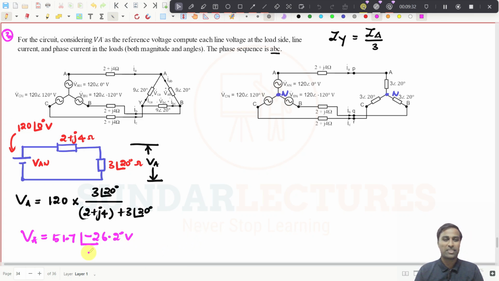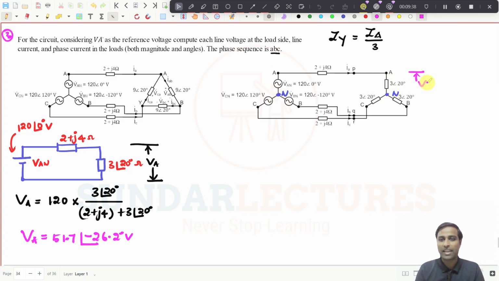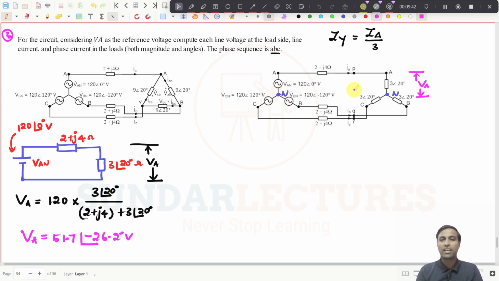Simply we have found the value of VA, across these two points. I am taking it as VA to discriminate between the load side and the generation side. Now from here on I can easily find the other values.